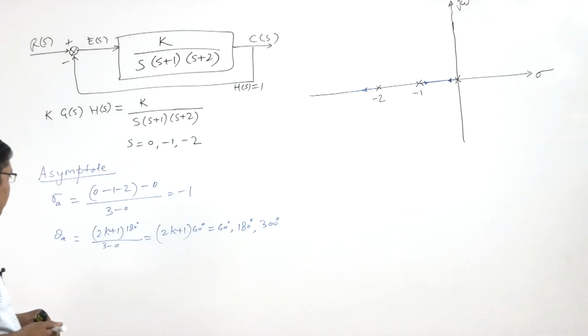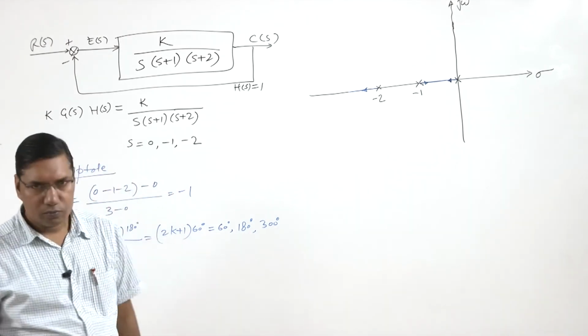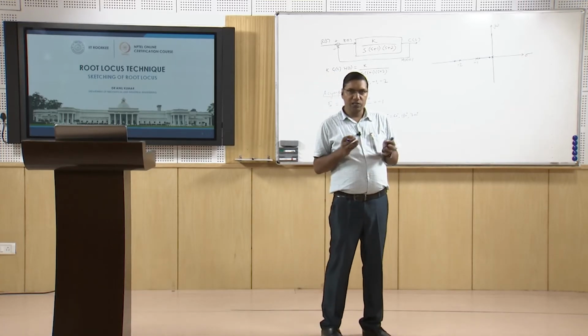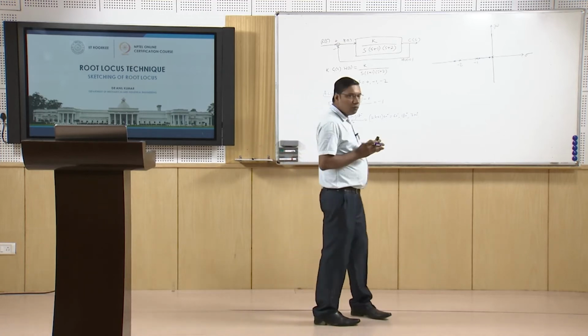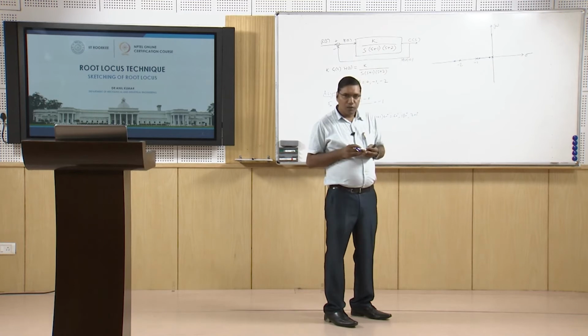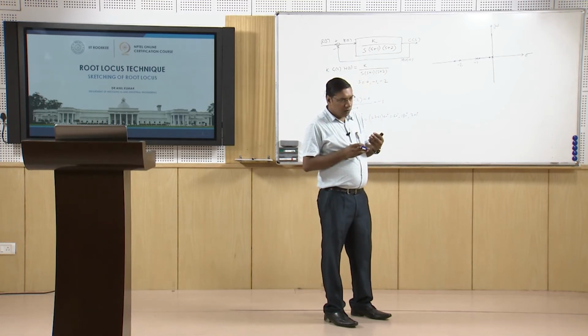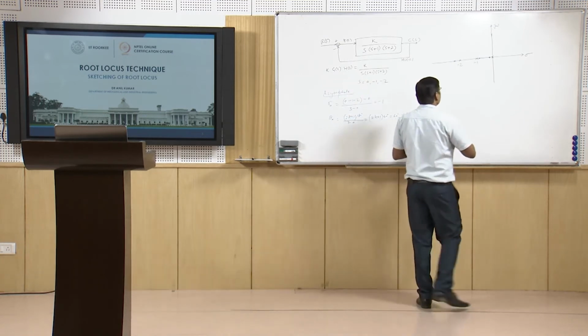So because we need 3 asymptotes, because 3 branches and 3 poles will move to 3 different asymptotes.